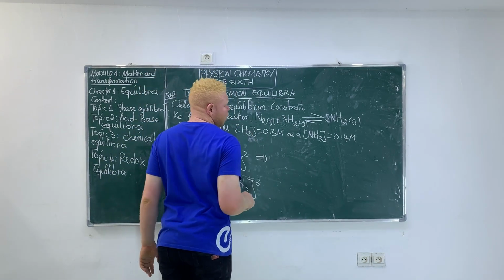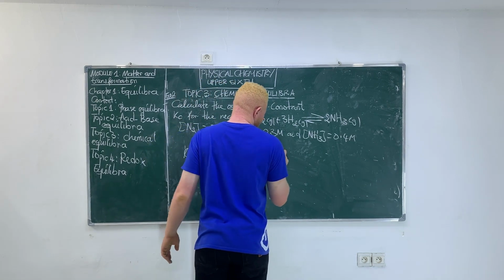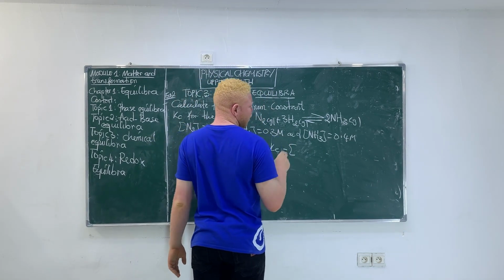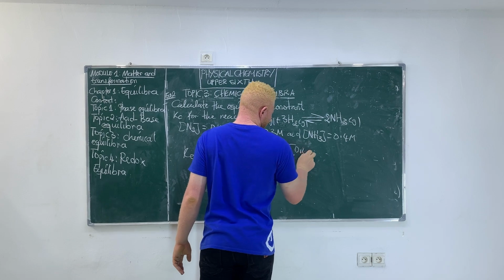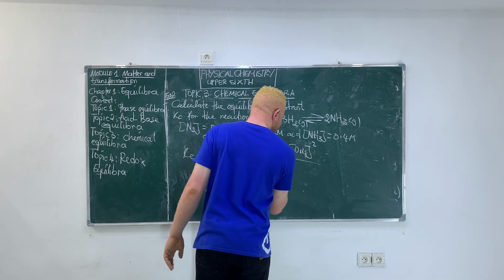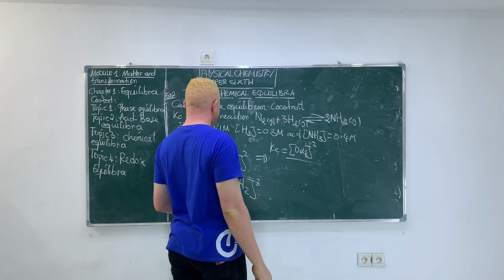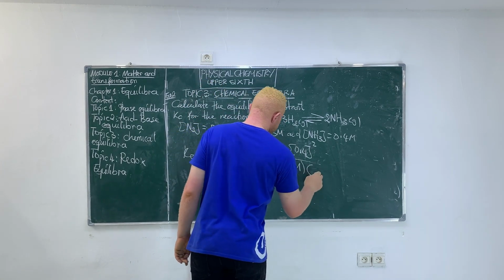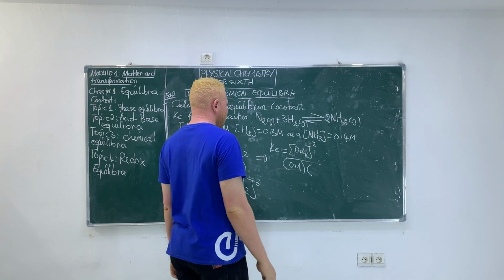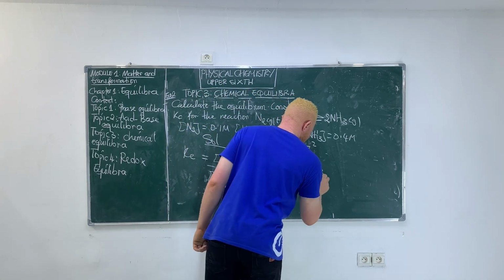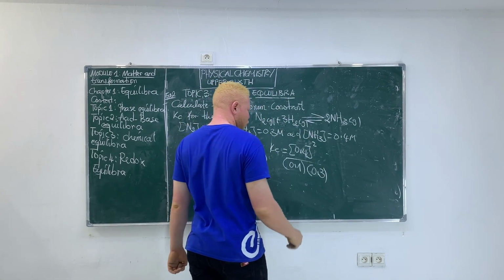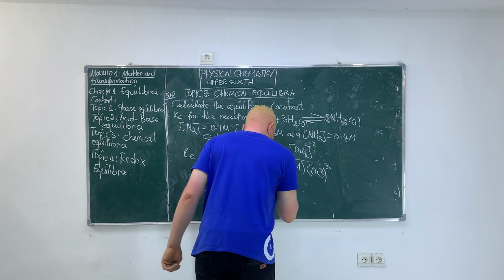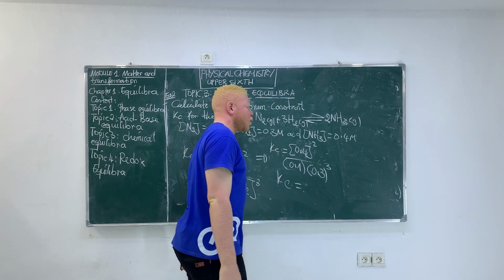This implies we substitute our values. Kc is equal to the concentration of NH3, 0.4, squared, divided by the concentration of N2, 0.1, times the concentration of H2, 0.3, cubed.